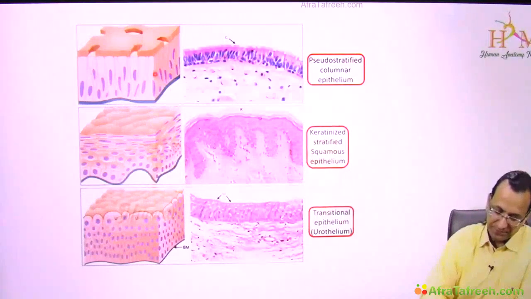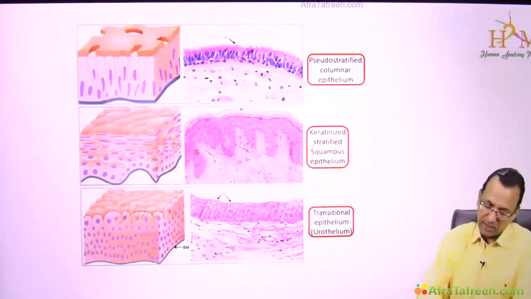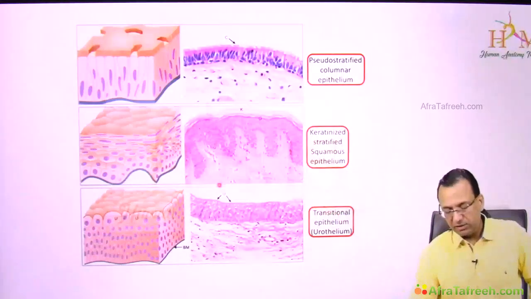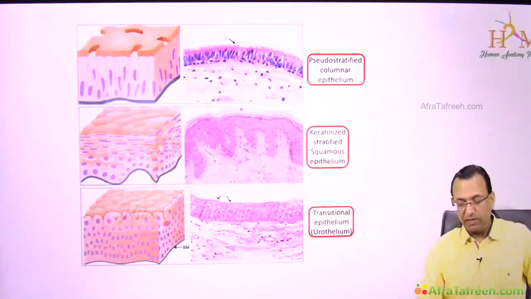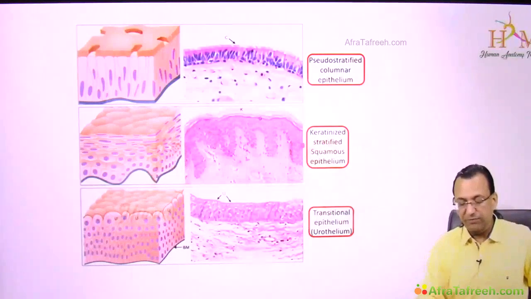How do you identify? If it is stratified squamous, how do you identify? And if it is transitional, how do you identify? Transitional means the cells towards the lumen are umbrella shaped. They are globular, but that is not seen in the stratified squamous. They are flat cells.